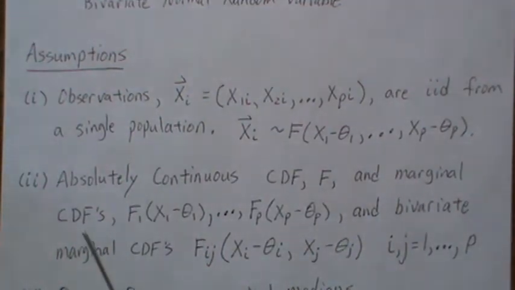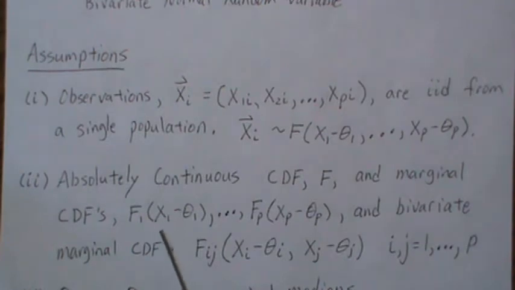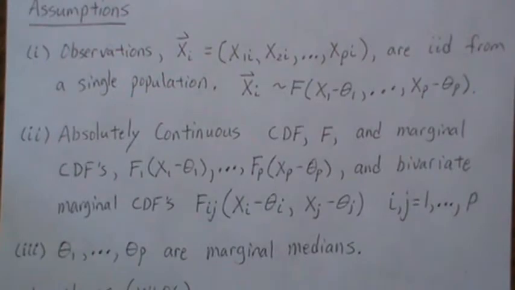The univariate marginal CDFs, F1 through FP, are absolutely continuous, and the bivariate marginal CDFs are absolutely continuous. And the third assumption is that these theta 1 through theta p are the marginal medians. So they're the median for each component in our vector.